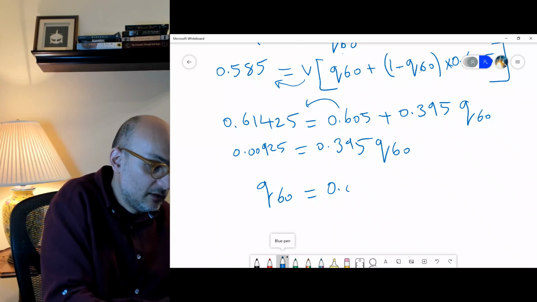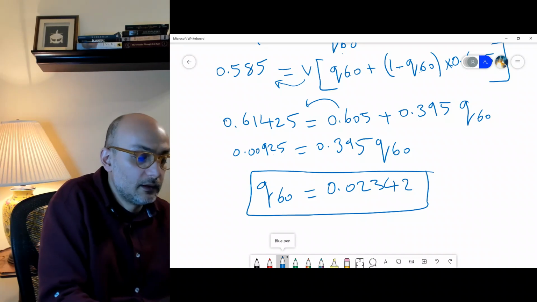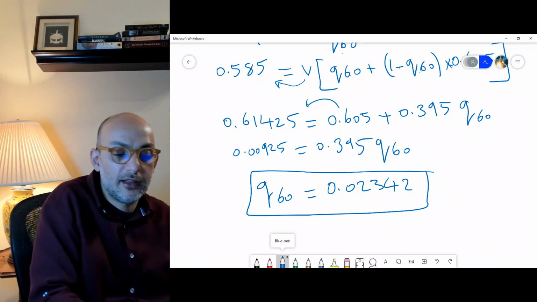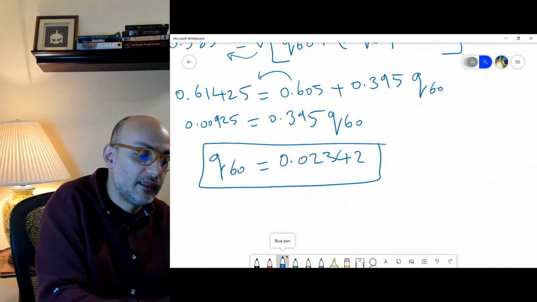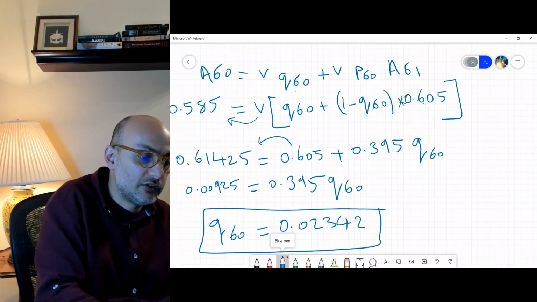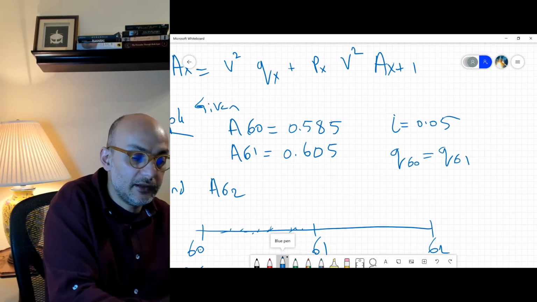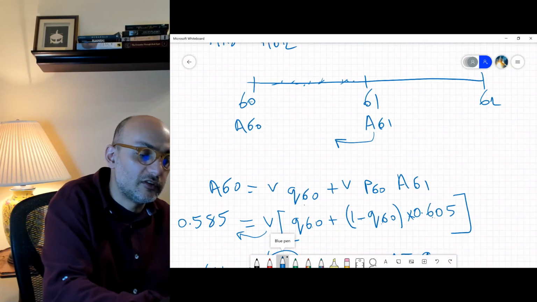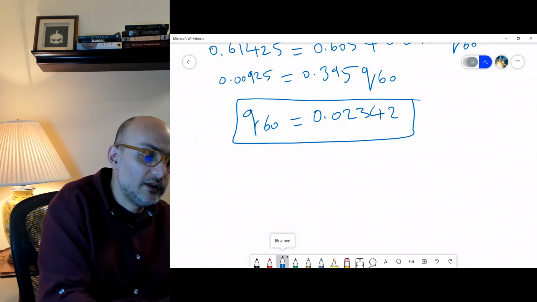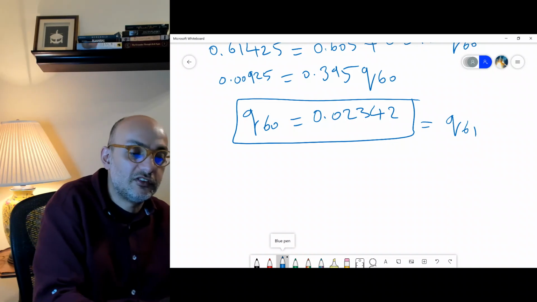The probability is 0.2342. So it has to be less than 1. You cannot have a probability of death greater than 1. And the beauty of this, the question tells us that q60 is equal to q61. So this one is also equal to q61 for this special case.